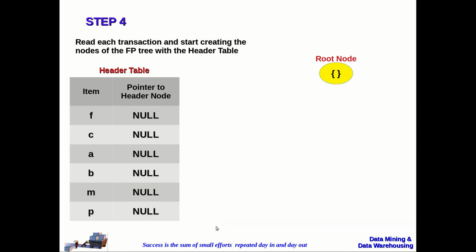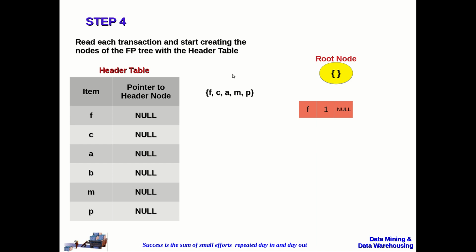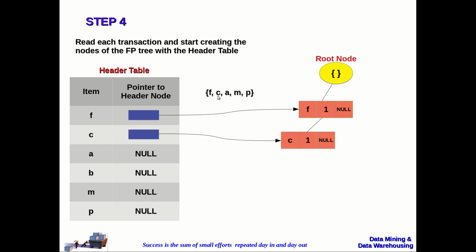So what happens? Consider the first transaction, create the first item node, and change the links of the root node and the pointer to header node. Then create the second node for C, and change the pointer to header node to this particular node.